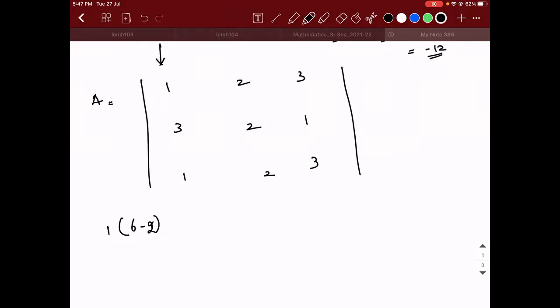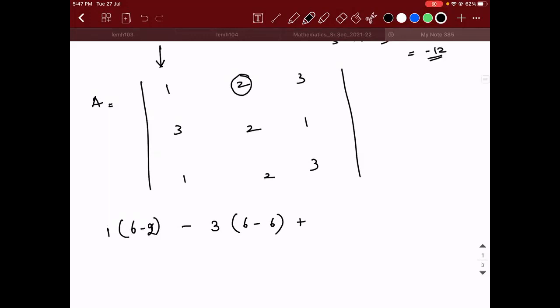I don't want you to use 2 here. Minus 3. Correct. 6 minus 6. Yes. Plus 1 and 2, 2 minus 6. Correct. Did you guys understand what you did?